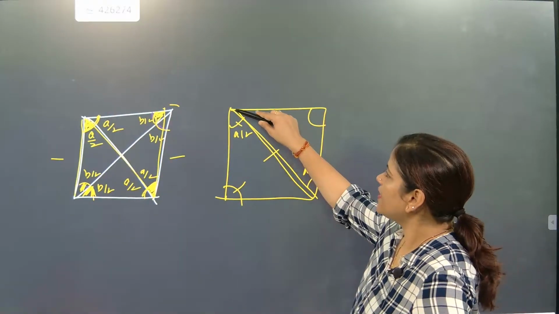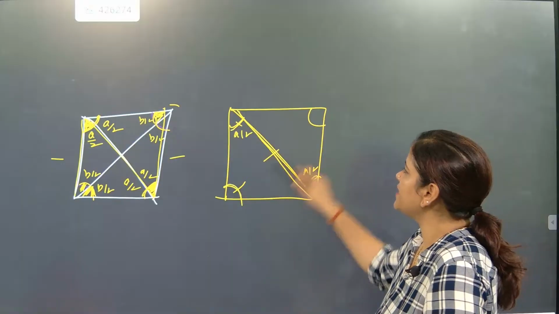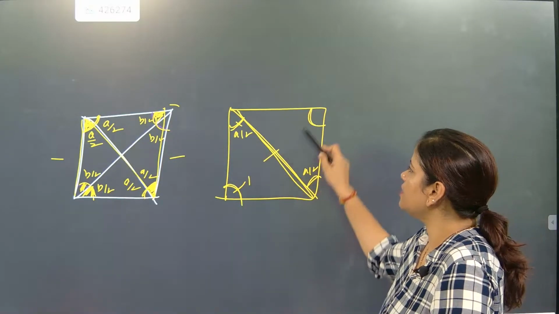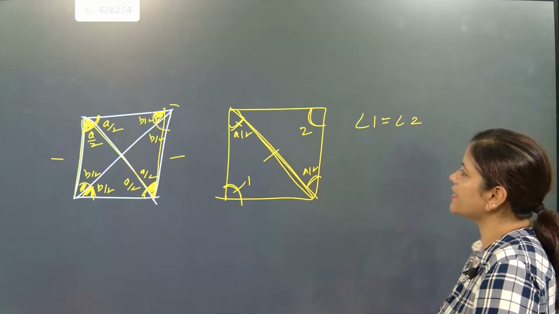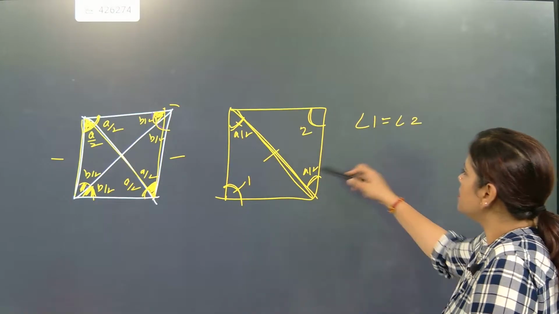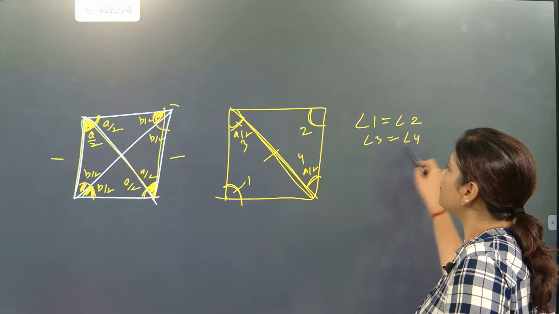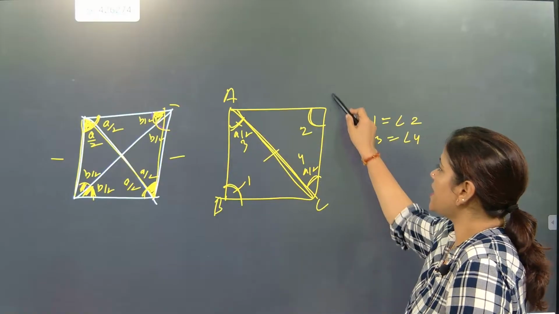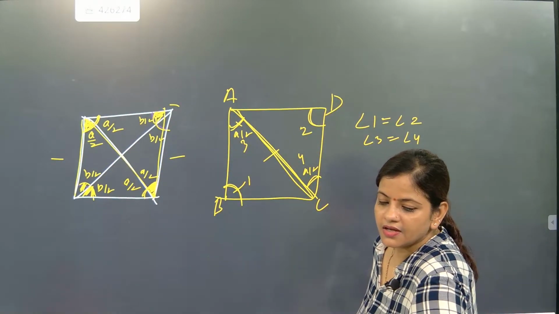See, look here. We have drawn one diagonal. We said this is equal to this, and opposite angles are equal. So here angle 1 is equal to angle 2, and angle 3 is equal to angle 4, and the quadrilateral is A, B, C and D. First I am letting you understand, then I will write it. It is easy.